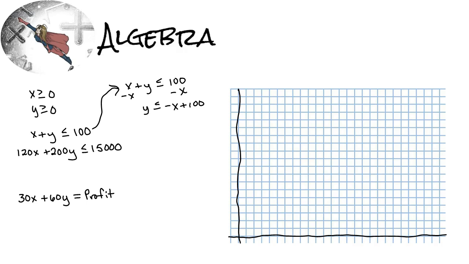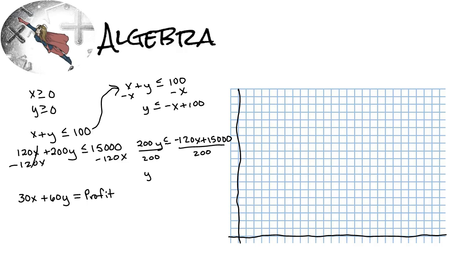I'm going to get y alone, so I'll subtract 120x from both sides. So now I have 200y is less than or equal to negative 120x plus 15,000. Then divide everything by 200.